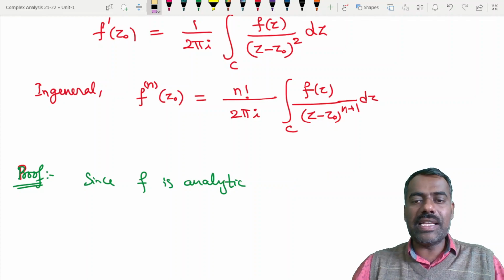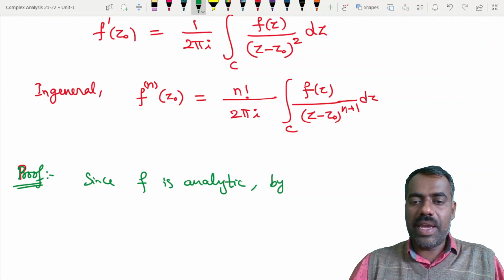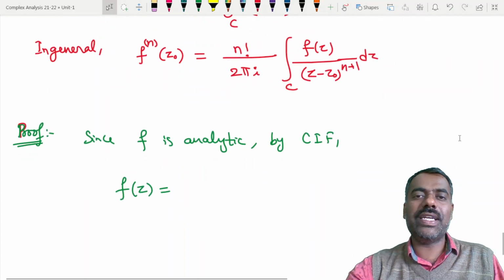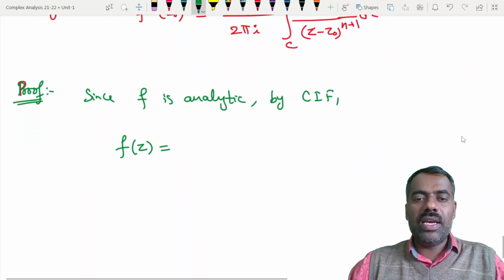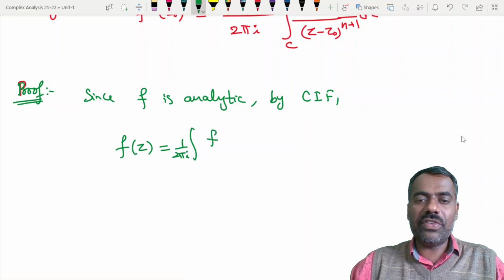We'll consider z as an interior point. Since f is analytic, by Cauchy integral formula, f of z, where z is an interior point, instead of writing f of z naught we are writing f of z, is 1 by 2 pi i times the integration of, here we will use another notation, f of s by s minus z.